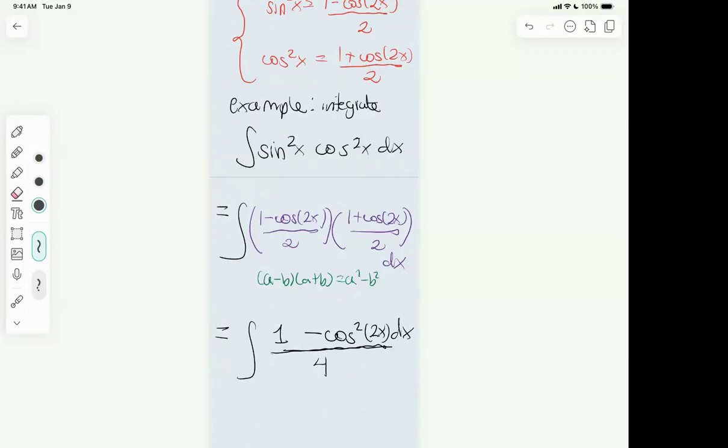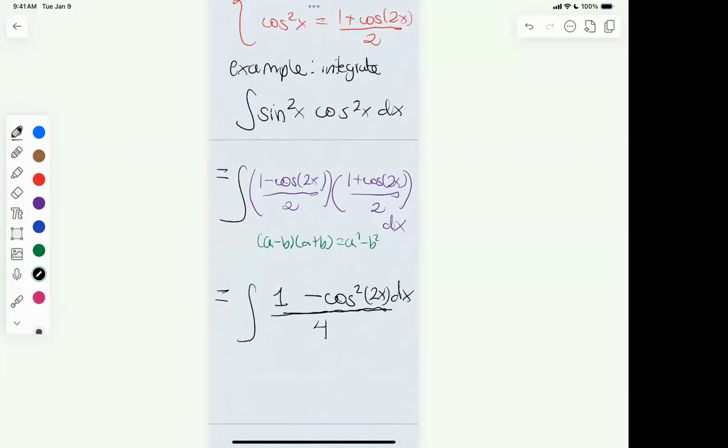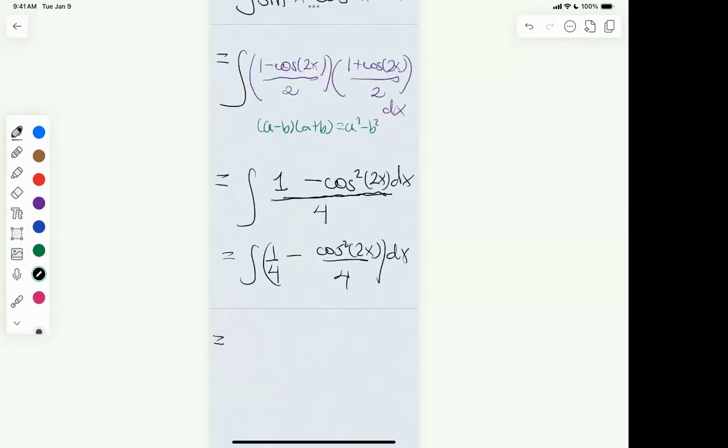Is that making sense? So far, so good. Okay. To integrate this, you split it into two fractions. So this is 1/4 minus cosine square of 2x over 4, dx. The first one is going to be easy to integrate.